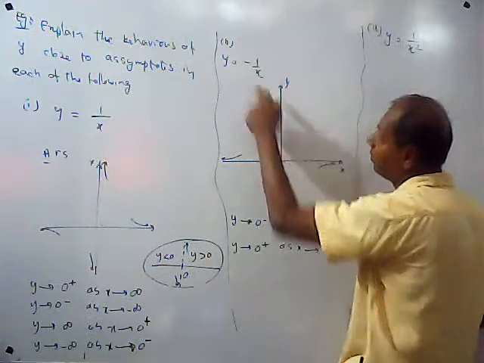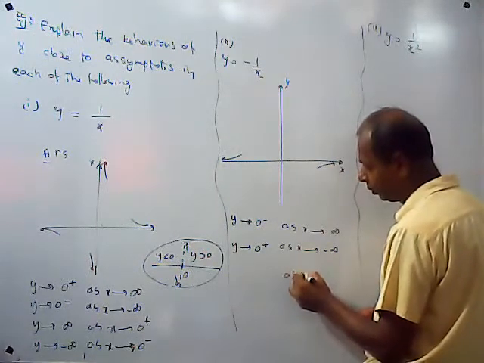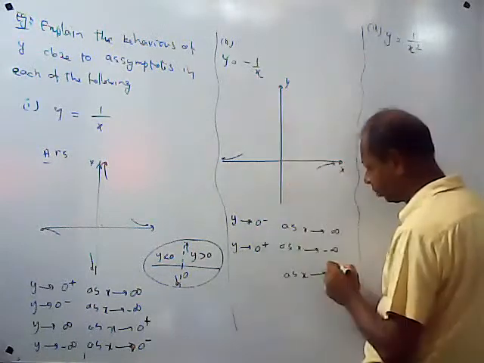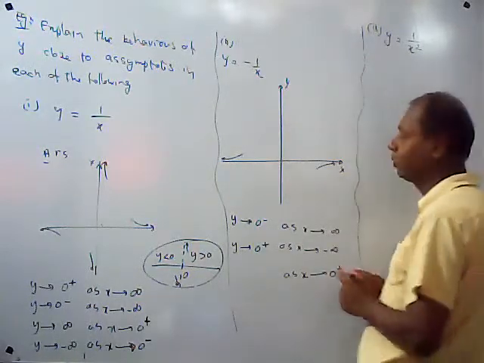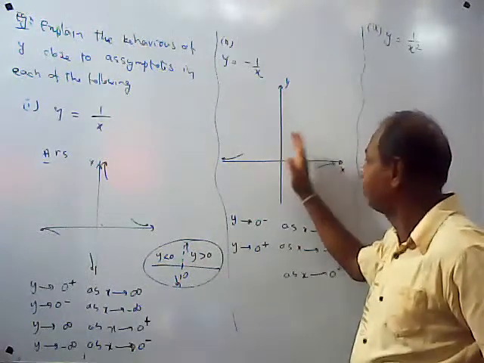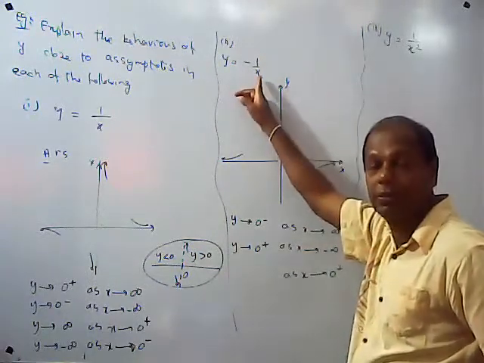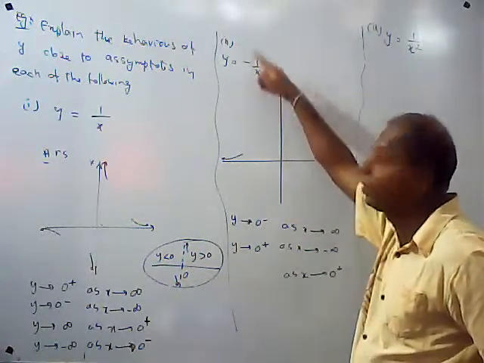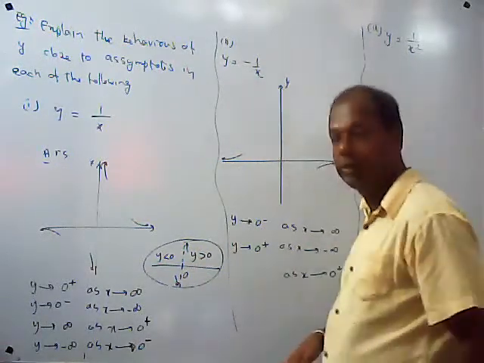Then again, as x goes to 0 from positive side, y will go to infinity, but as x is positive, minus 1 over x will be negative. So as you get closer to 0 from this side, that will go to negative infinity, right?